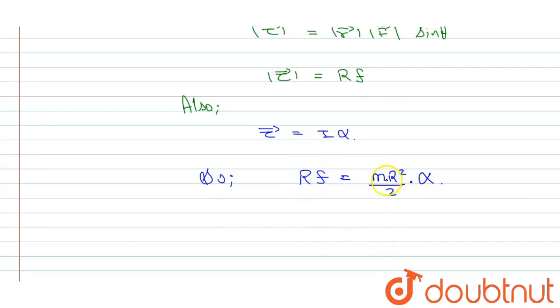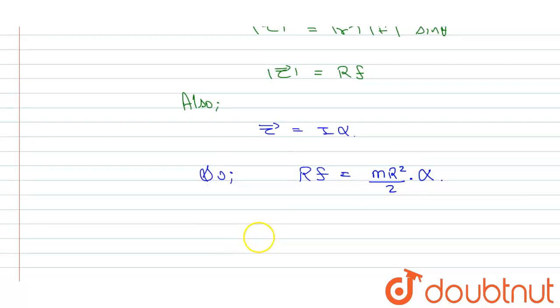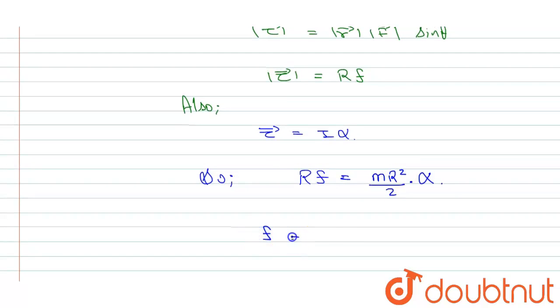Solving, r cancels, so the frictional force is equal to mr alpha by 2. Let's call this equation 2.